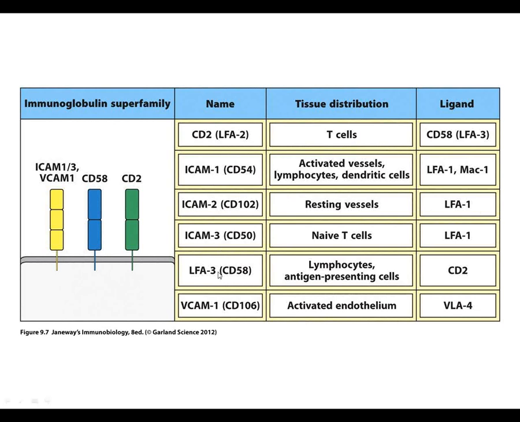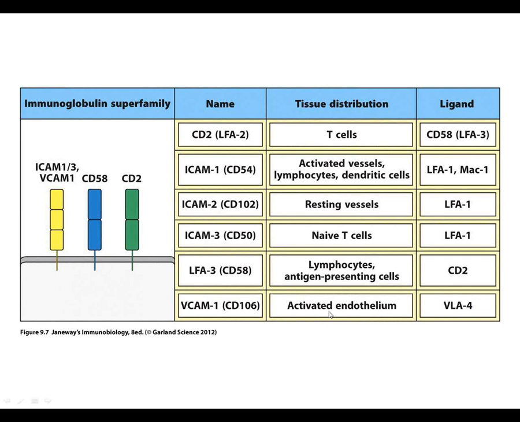And then LFA3 or CD58, which is called more in this chapter, binds to CD2. And then there's another integrin called VLA4 that occurs on activated endothelium. So the VL is very late. So after the immune response has gotten going, in the very late stage, this is one that's upregulated. So I think that's an easy way to remember.